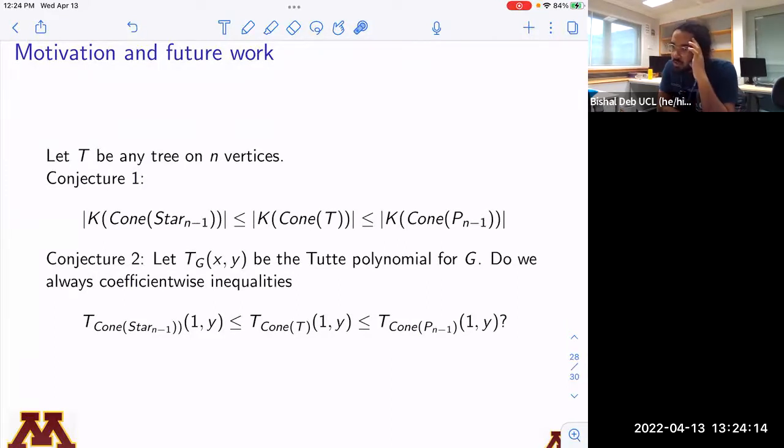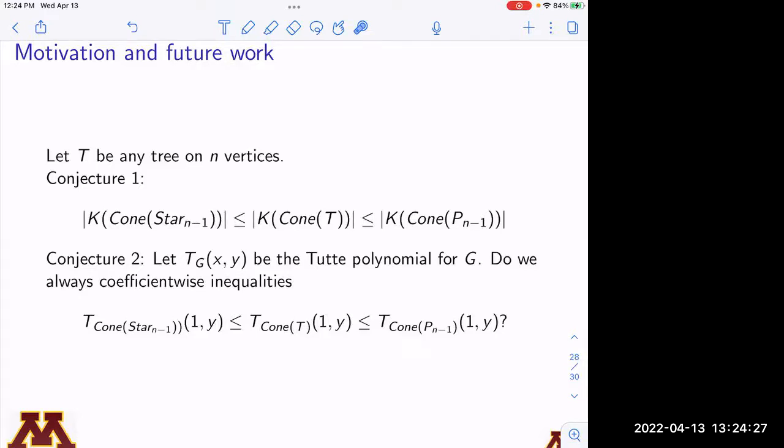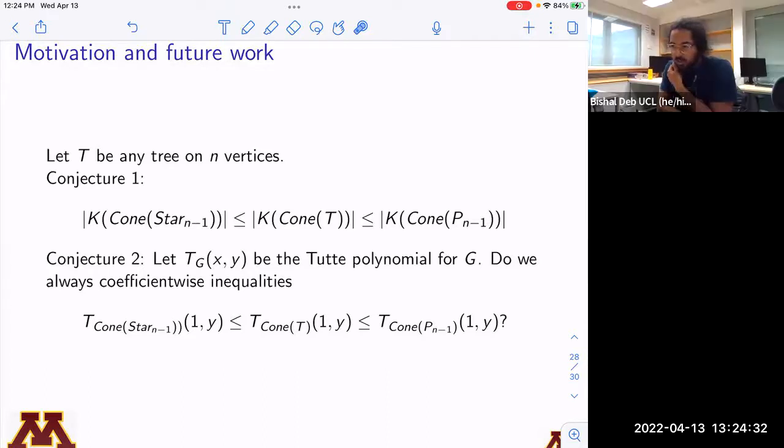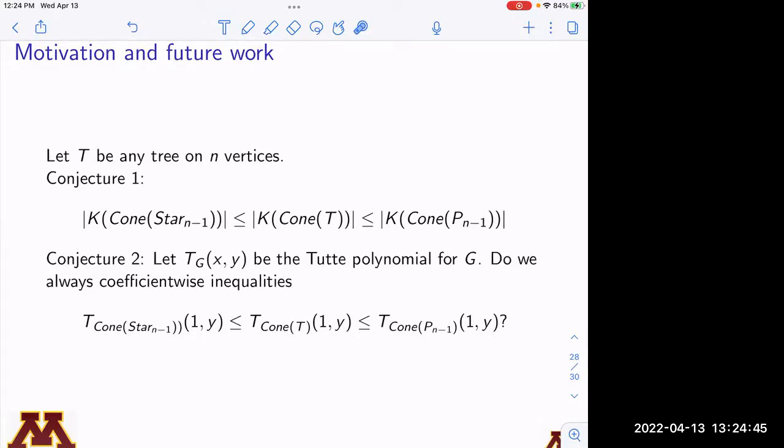I remember seeing somewhere that some specializations of the Tutte polynomials have particular combinatorial interpretations in terms of graphs. I think T(1, y) probably does. I was just wondering if you were aware, if you had looked into that.